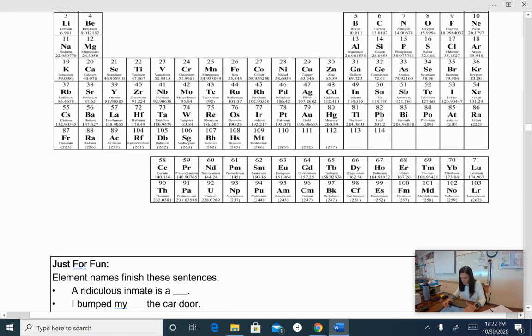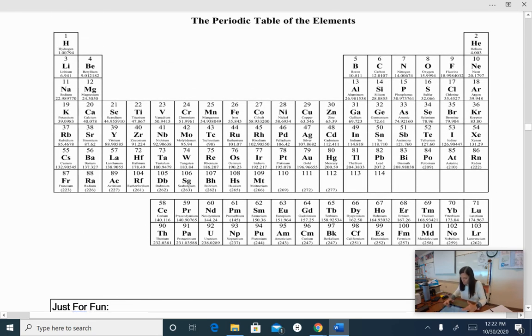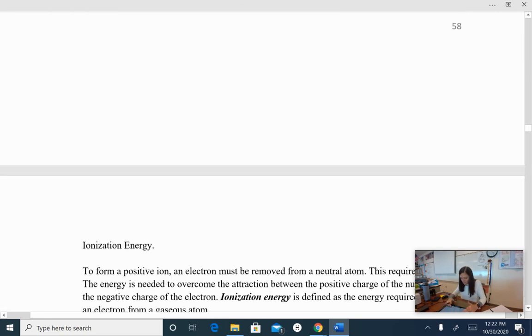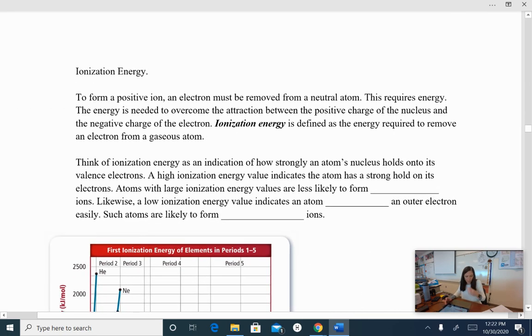Okay, next thing we're going to talk about. This is just another periodic table of elements that we can mark up. Let's talk about ionization energy. Ionization energy is the energy it takes to form an ion by taking one electron off of an atom. To form a positive ion, an electron must be removed from a neutral atom. This requires energy to overcome the attraction between the positive charge of the nucleus and the negative charge of the electron.